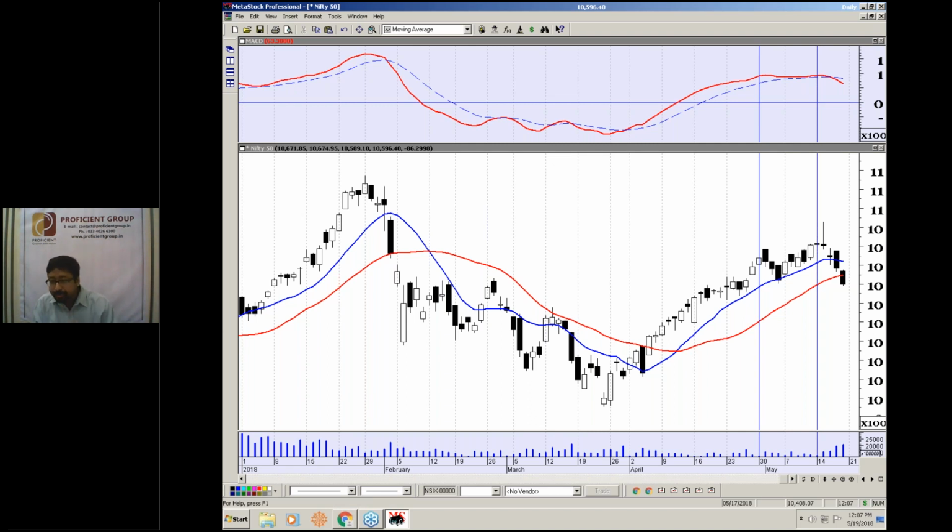Now look at these two prices and look at the corresponding chart of MACD. Prices have made a new high here, but MACD has refused to make a new high. So this shows an inherent weakness in price.